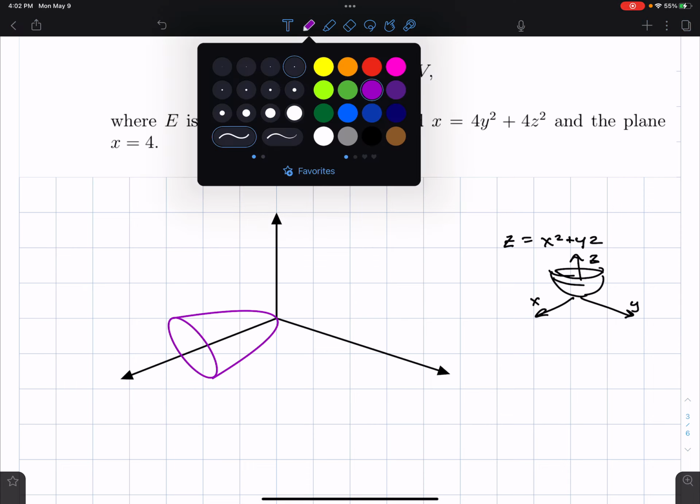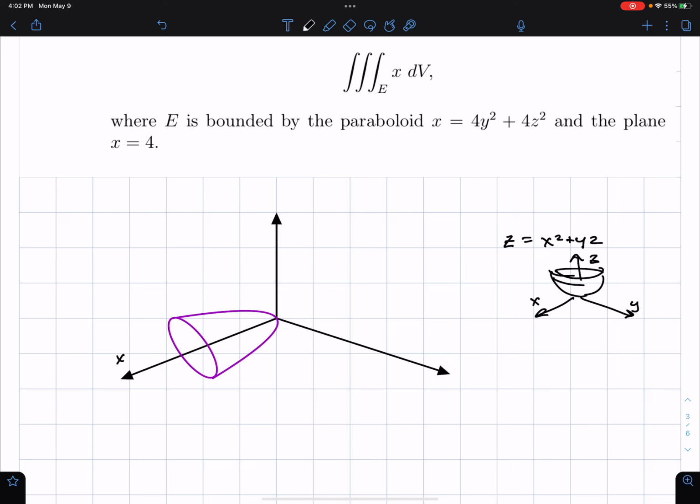That, out of all my pictures, was a good one. Usually it doesn't come out quite so easily. And then we have x equals 4, which is a plane that's parallel to the yz plane. I'm raising the stakes here in my drawings now. Let me see if I can, one more time. Okay, got that.